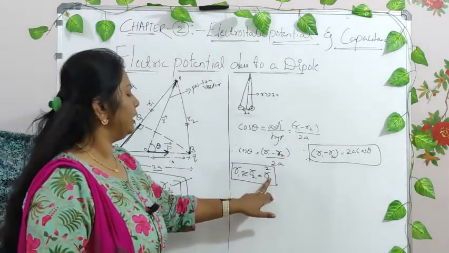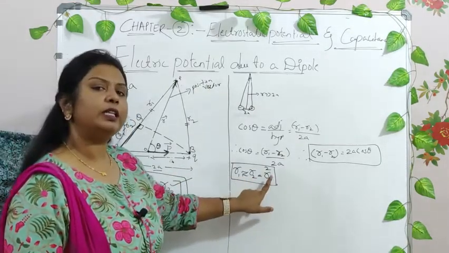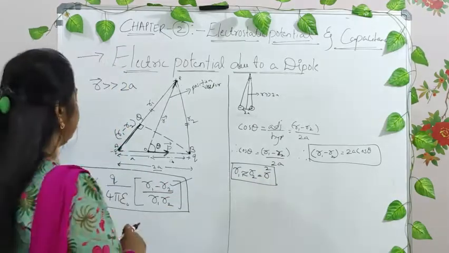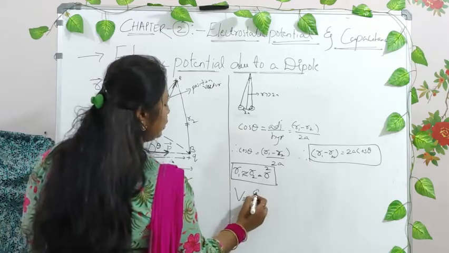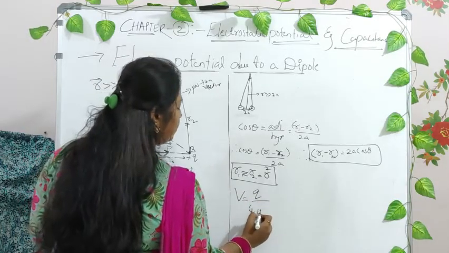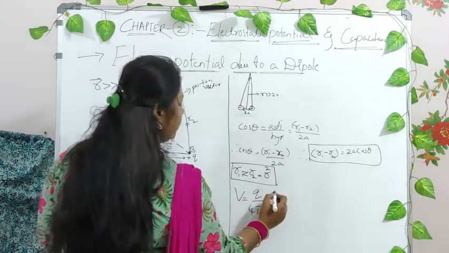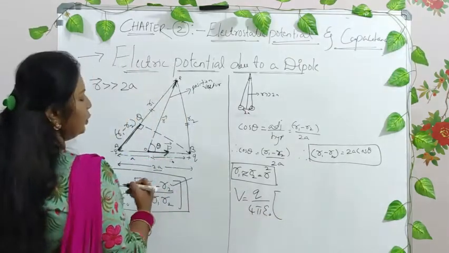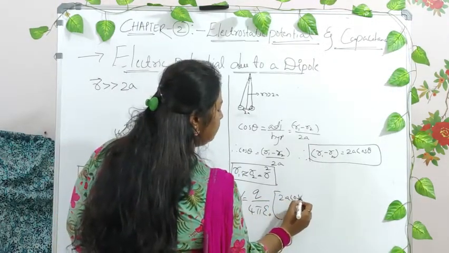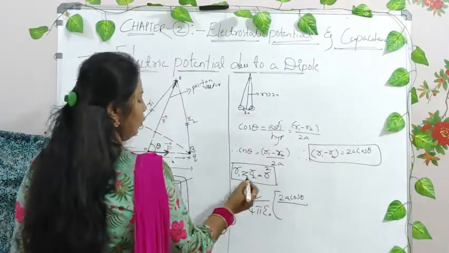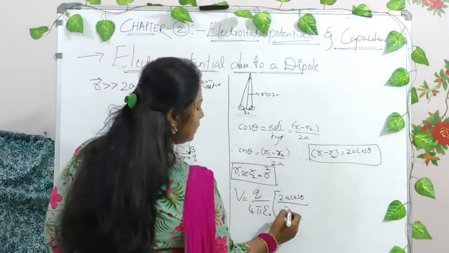It need not be either R1 or R2, it is just R square. Now substitute the values: V is equal to Q divided by 4 pi epsilon naught, times R1 minus R2, which is 2A cos theta, divided by R1 R2, which is R square.